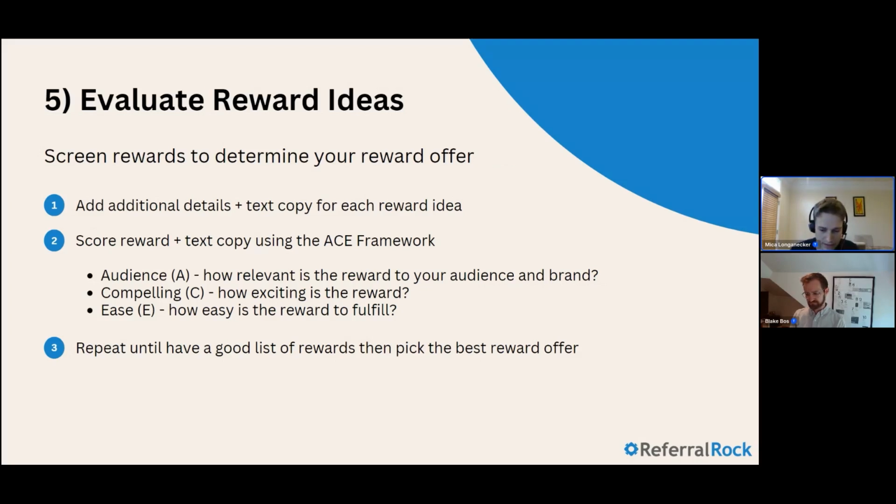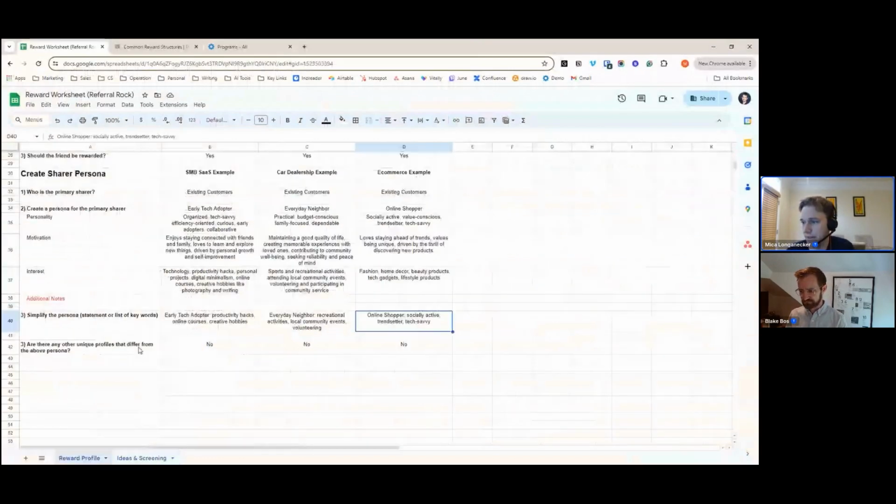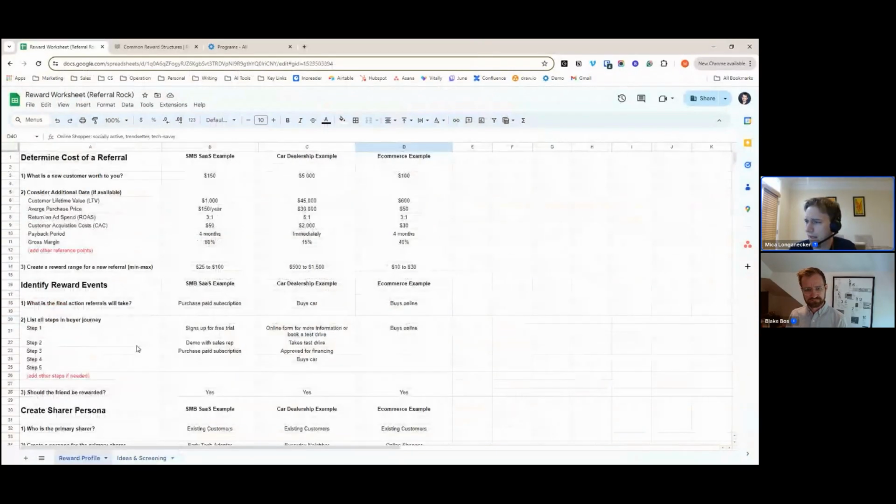And so with that, I will dive into this reward profile that we have put together. So this builds off of those five steps that we had talked about. And for here, I have a few examples.